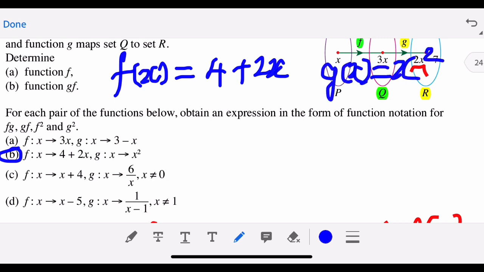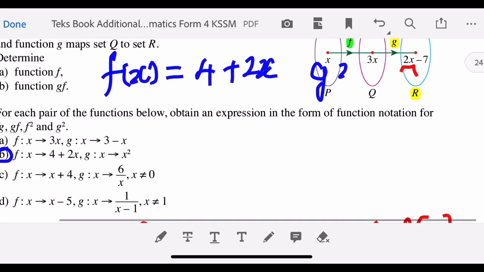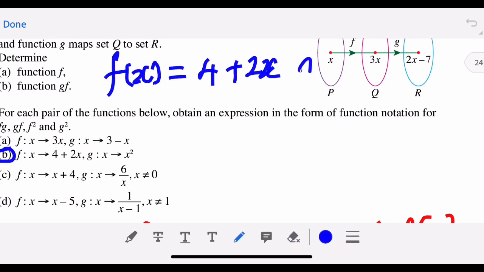Alright, so now we are going to do composite functions. Let me erase everything first. You're given g(x) equal to x squared. Now we want to find f². So f², what does it mean?